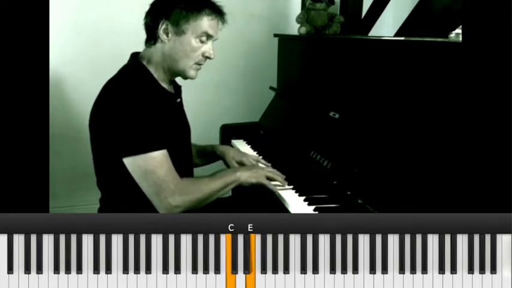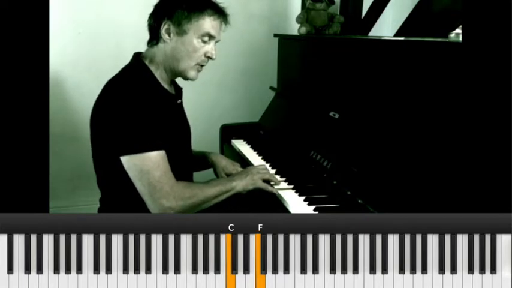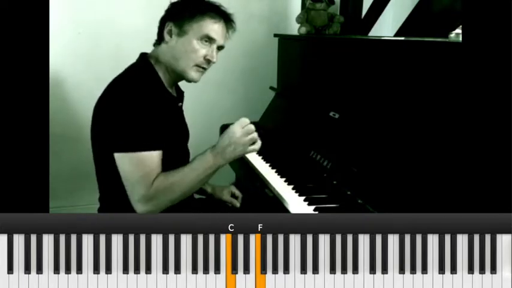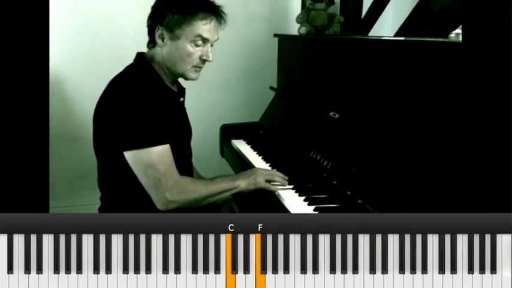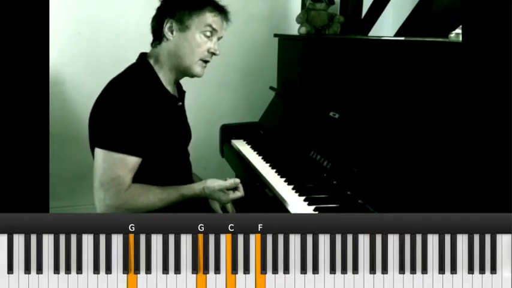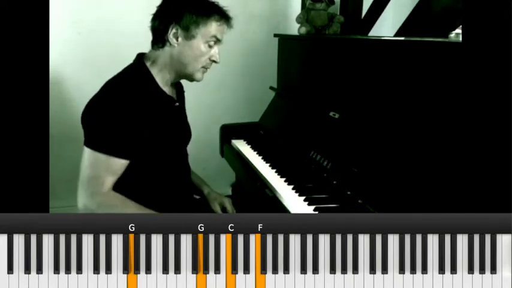We've taken away that third, so one part of that pulling, trying to pull us back to C, is gone. So our ear is saying, I don't really know what's happening here, and we can use that to our advantage and just move it around.